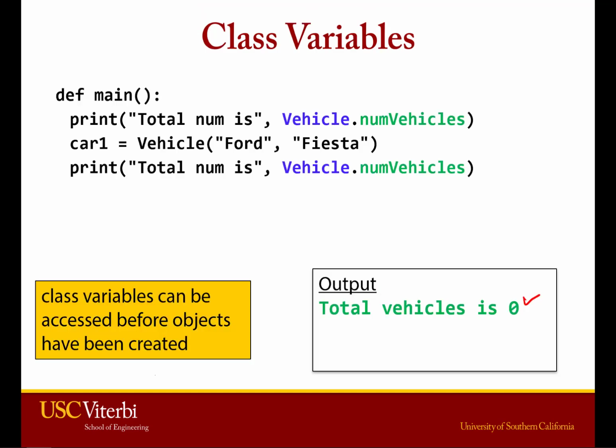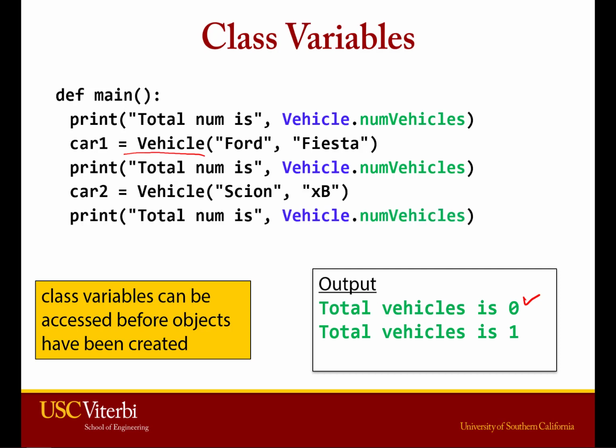And now the number of vehicles is 1. So every time you call init, and when do you call init? Well, we call init every time we instantiate a new vehicle object. And so every time you instantiate a new vehicle object, you are increasing this variable, num_vehicles. Just like that.